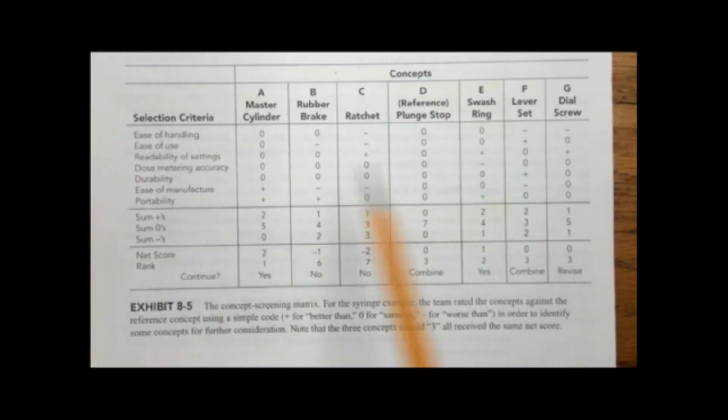And what we do is we compare these different concepts on each of these criteria. Typically, one of these is chosen as a reference. In this case, D is chosen as a reference, which means it's a baseline. Everything is compared to D. D is not necessarily the best product. It could be arbitrary, or oftentimes it's an industry standard or what you have been making in the past.